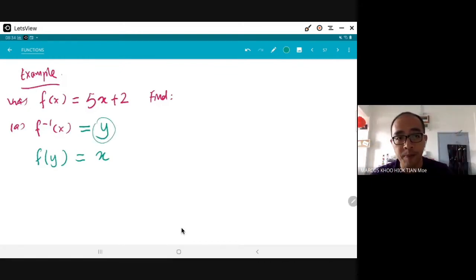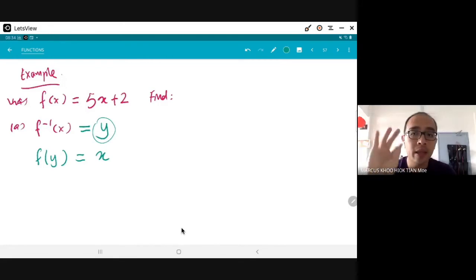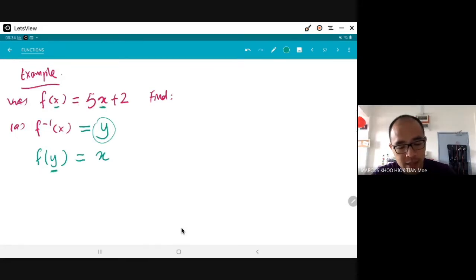Okay, then the third thing you do after that is, now we have our object as y tau. Remember this, we have done this since the first class lah. Whatever is in the kurungan mesti masuk balik dalam kurungan. Mesti masuk balik dalam objek yang sama. So, memandangkan kita punya objek sekarang adalah y, so saya masukkan y di sini juga. So, I will get 5y plus 2 equals to x.